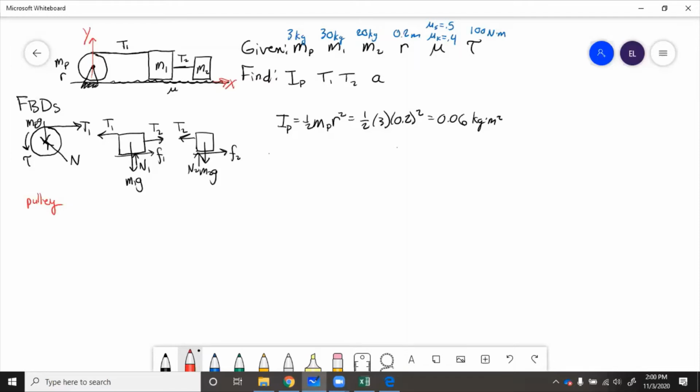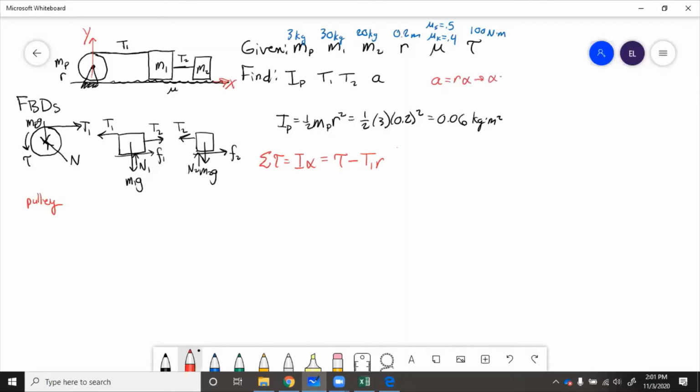So sum of the torques equals I alpha, which is going to be the applied torque minus the one from the tension, T1 times R. Okay, so this one has two unknowns, alpha and T1. So what we know, A equals R alpha.